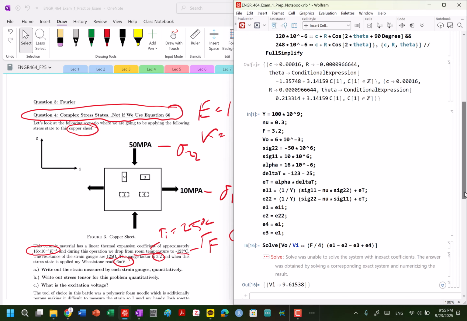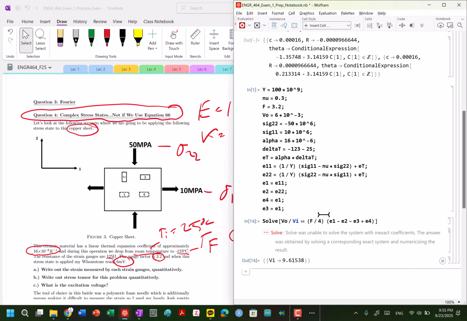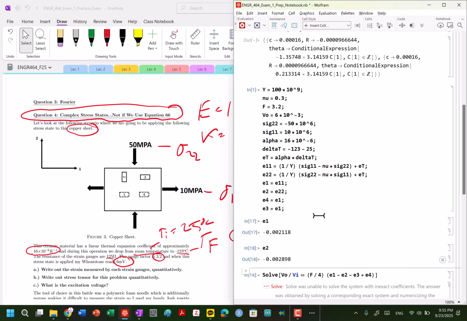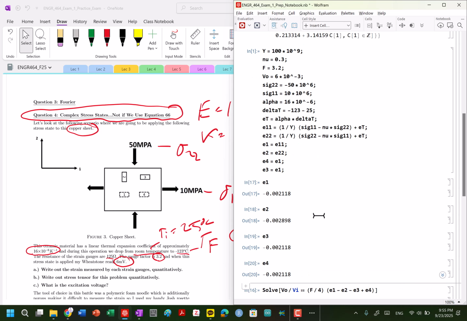And there you go. That's your excitation voltage. Fairly straightforward. If we want the measure of the strain, so E1, E2, E3, E4, we can essentially see those values. Fantastic.